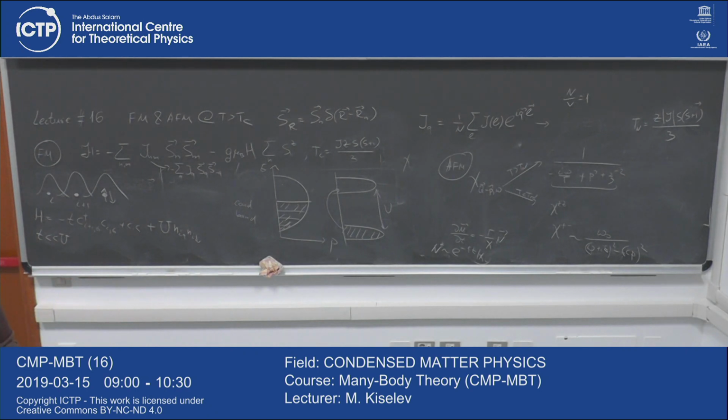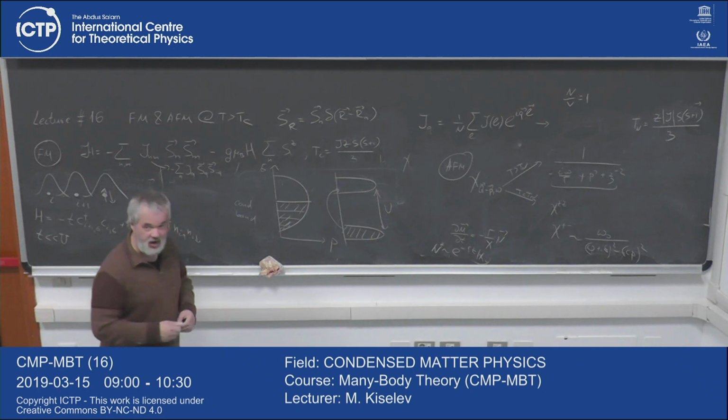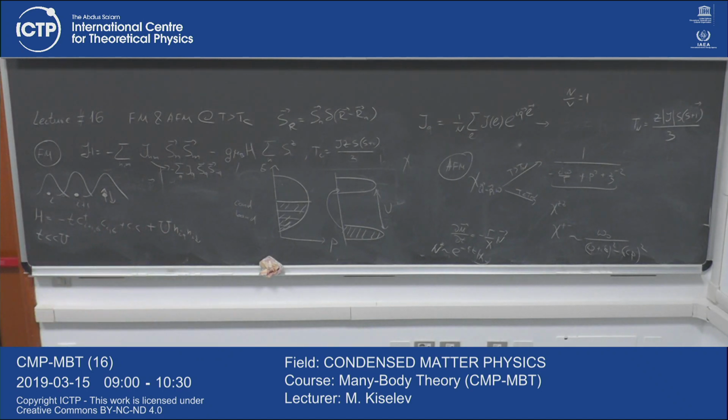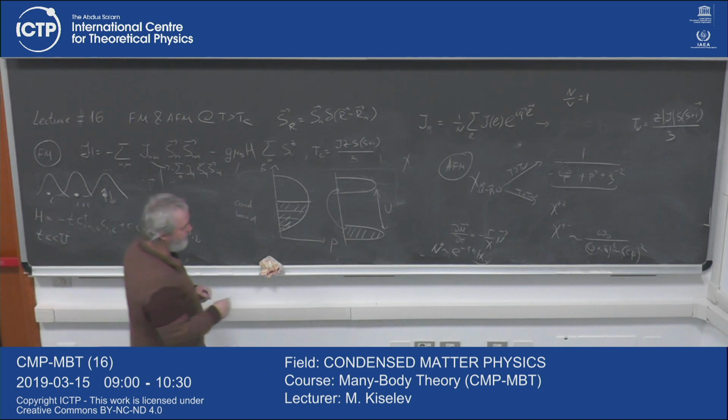The first message is that a metal with strong Coulomb interaction at half filling is an insulator. The model which I introduced is the so-called Hubbard model. It attracts a lot of attention because people believe this model is one of the paradigmatic models for the description of strong interaction. Let's now deviate from half filling.